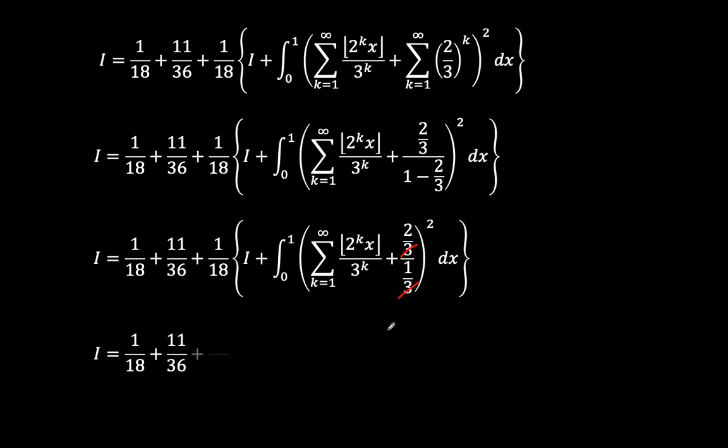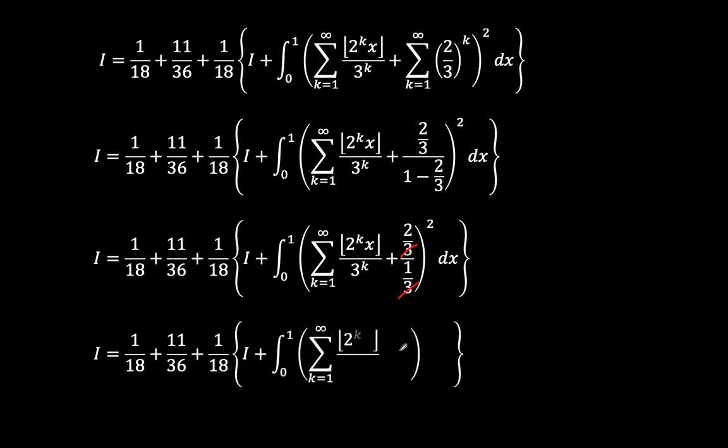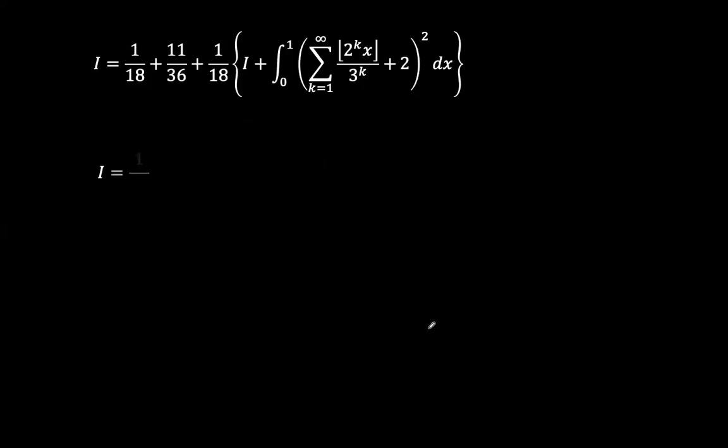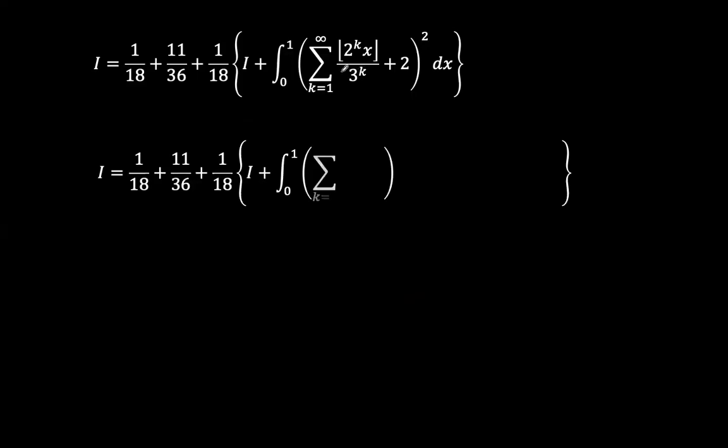And then if you go and do the hard multiplication, obviously the summation plus 2 here, you square that out, you get the square of the summation from k equals 1 to infinity of floor of 2 to the power k x over 3 to the power k, plus 4 times the summation from k equals 1 to infinity of floor of 2 to the power k x over 3 to the power k, plus 4, right?